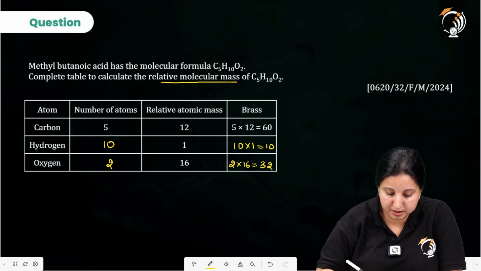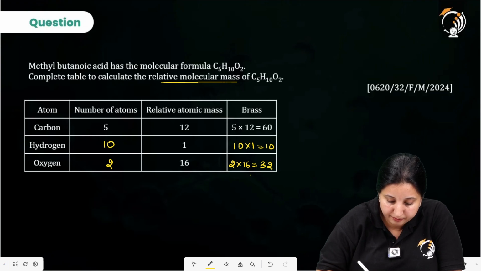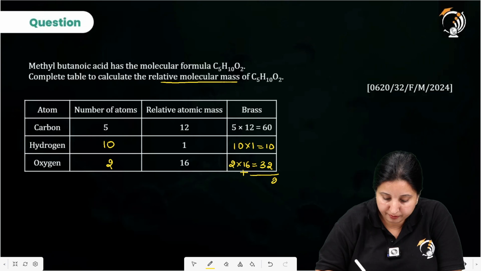Okay, so just add the 3. 70, 80, 90, 100. So it is going to be 2, 4 and 4 plus 6, 10. 102.